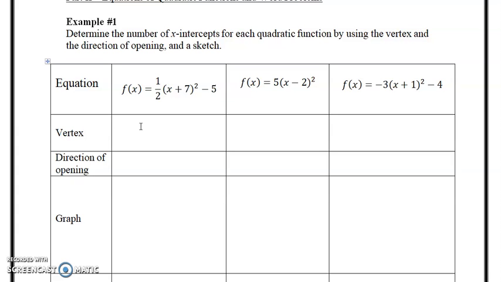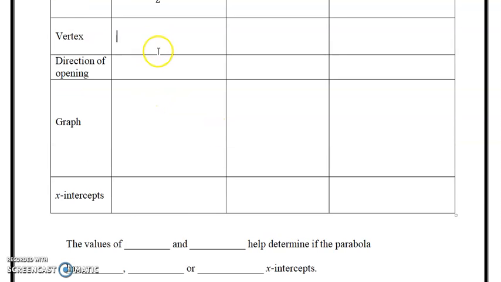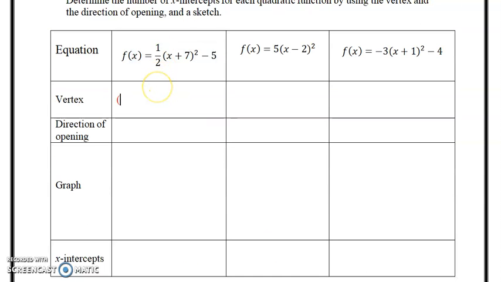So the vertex here would be negative 7 and negative 5. It would open upward or downward.